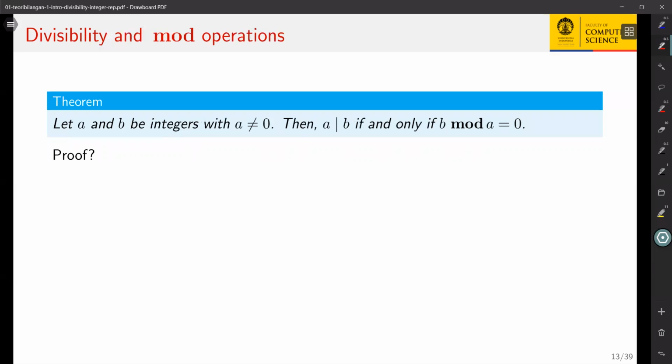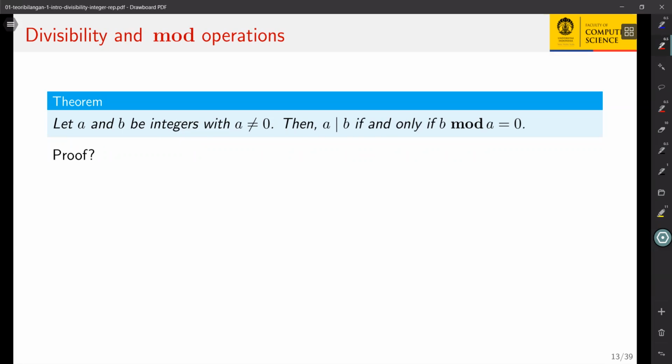This is the test we use, for example, if you write a program and you want to test whether one number divides another, then you do the mod operation.